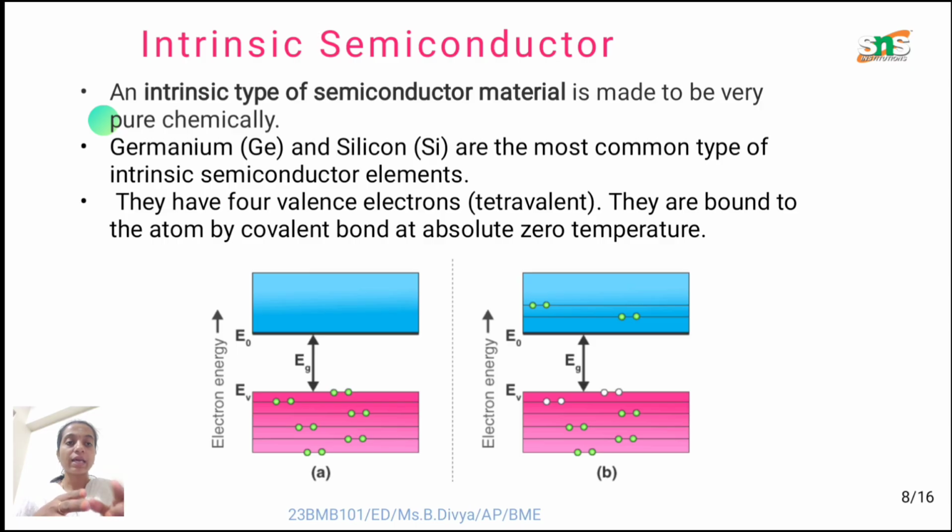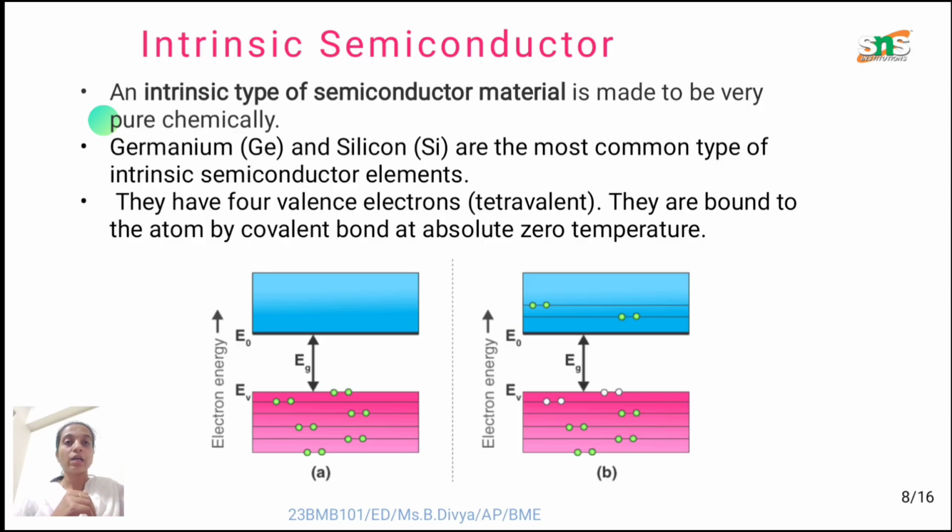This A and B diagram shows the valence band and the conduction band. We have an energy gap between them. We have 4 valence electrons surrounding the silicon material.